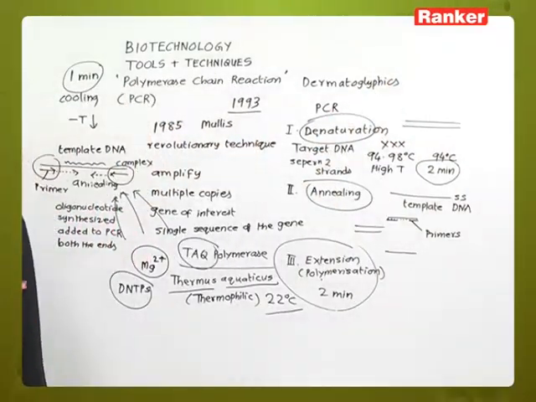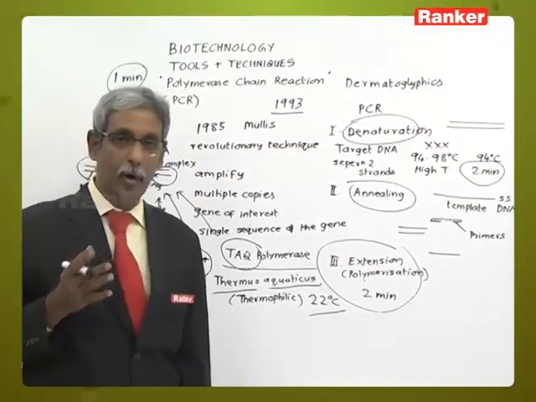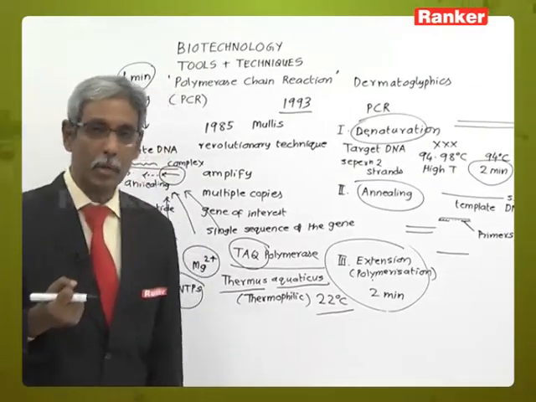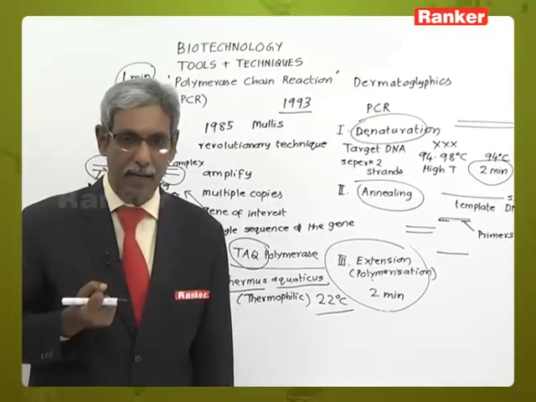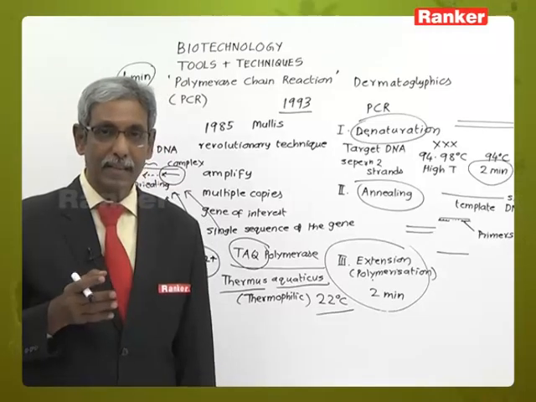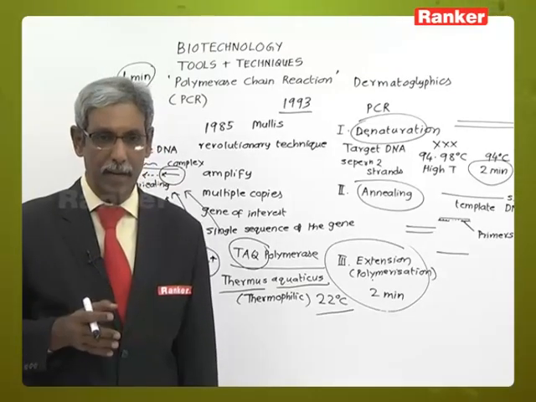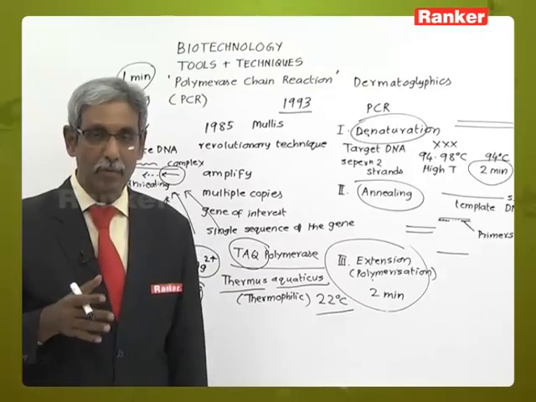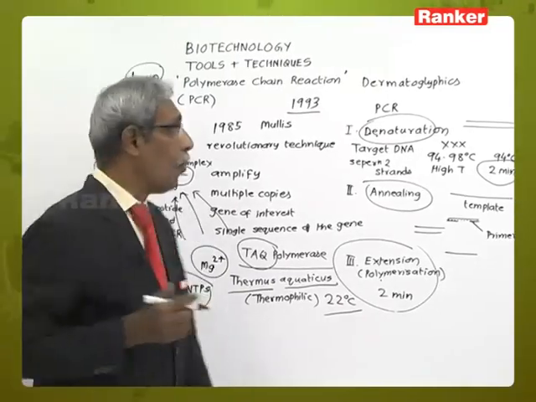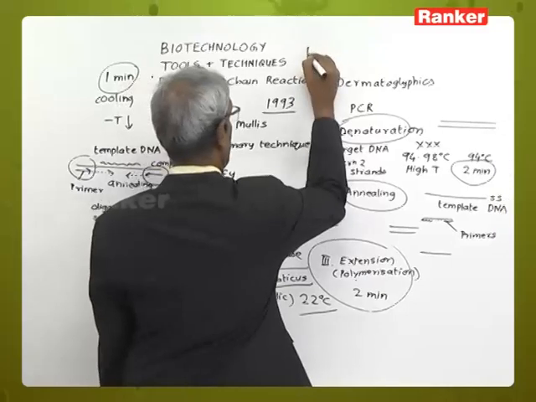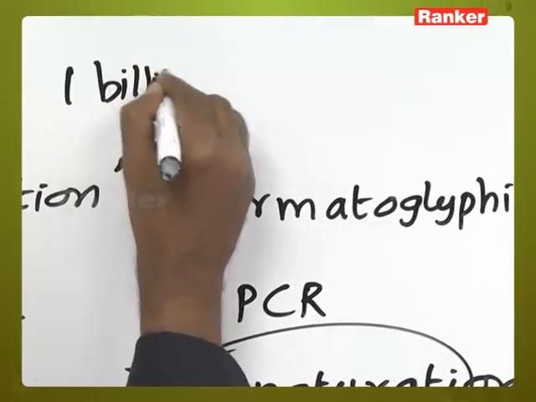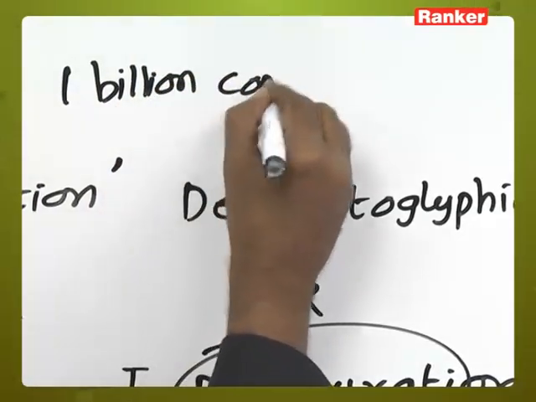Now, dermatoglyphics primarily relates to the origin and also the evolution of different characters which are inherited. So, here we understand there is an exponential amplification of the DNA, and by amplification with PCR we can make 1 billion copies of the gene of interest.